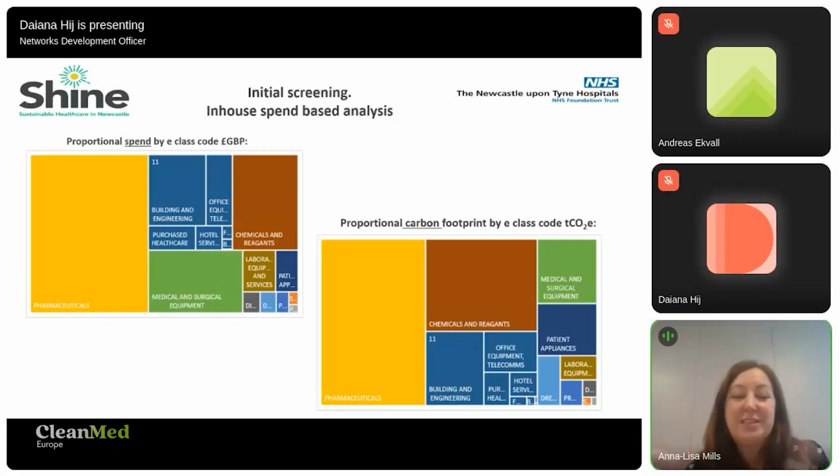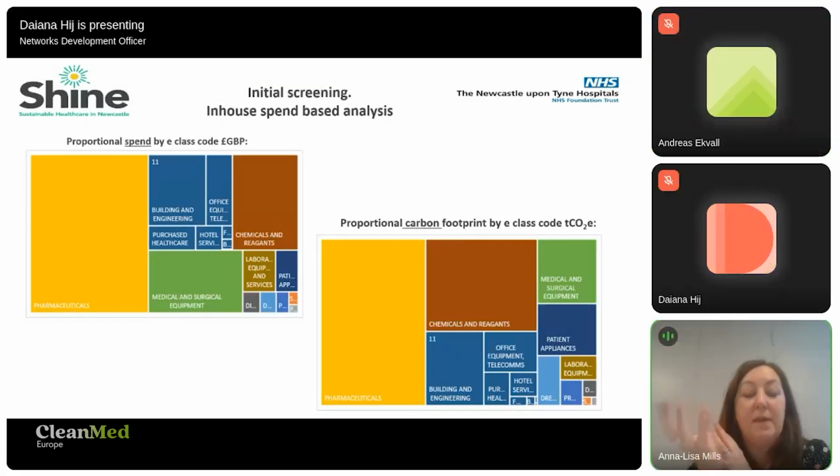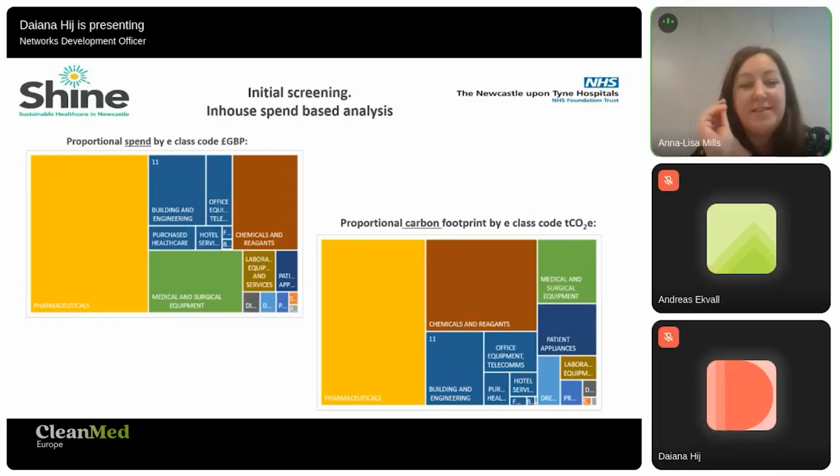Now, to my mind, this does not really tell me very much because those carbon factors are quite arbitrary. They were developed in 2017. They haven't been updated. And really, the theory is that understandably, some things that are purchased, some goods and services, are more carbon intensive than others.